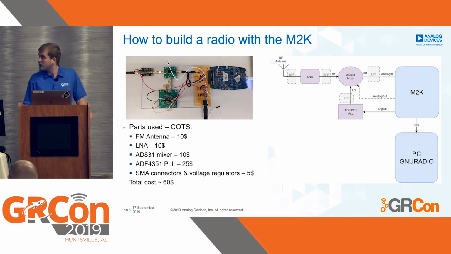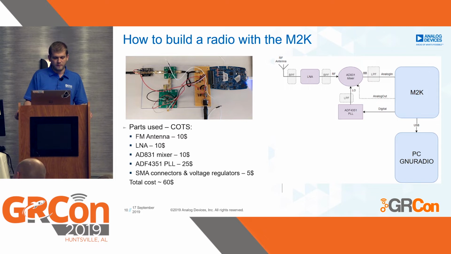Here on the right, there's the diagram of the M2K and the diagram of the radio. We use the AD8383 mixer to down convert, and we use the ADF4351 PLL to provide the LO frequency. The problem is that the ADF4351 is digital.